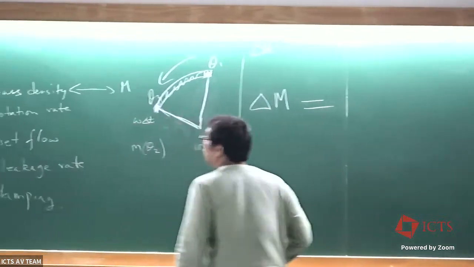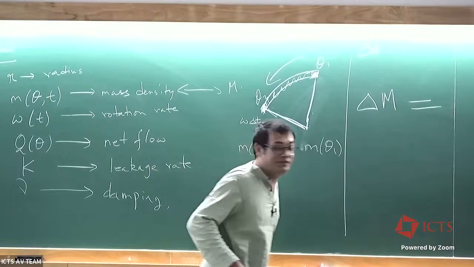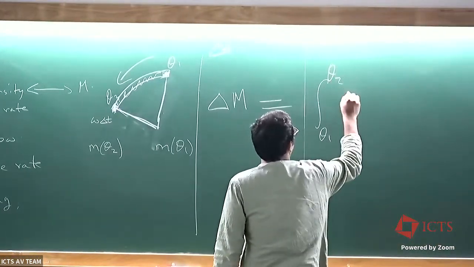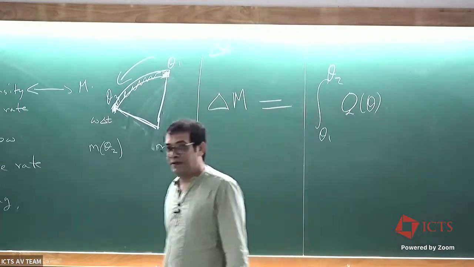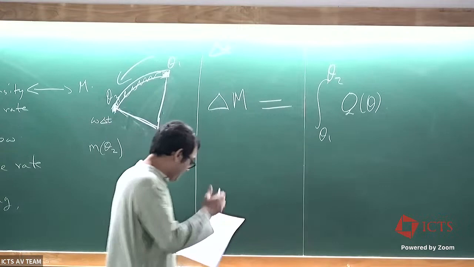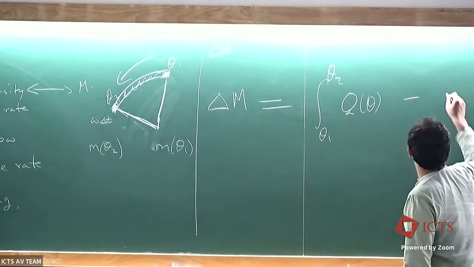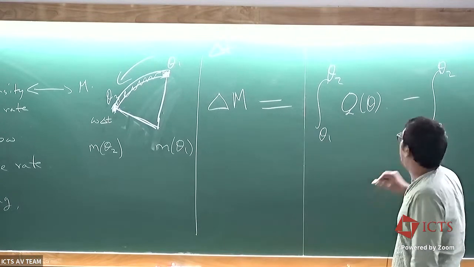So essentially, what was the first thing we said? The first thing we said was how much stuff is going in. That's going to be positive contributions. And the leakage, I guess I tried to write kappa, but I'll stick to k.